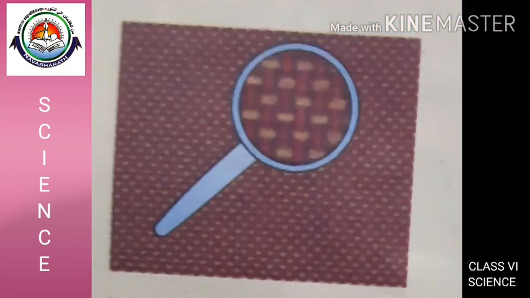The third activity is to obtain fibers from a fabric. We need a cotton fabric and a magnifying glass. First, take a piece of cotton fabric. Look at it and now with the help of a magnifying glass, observe this piece.